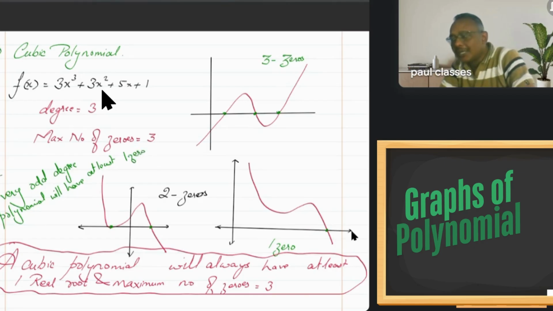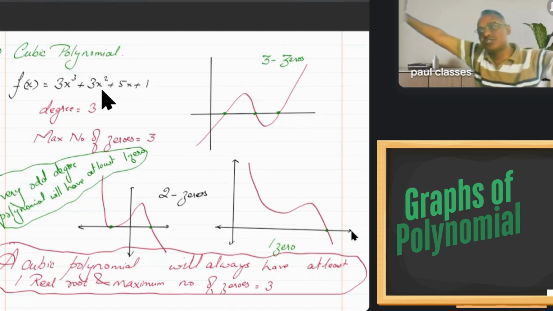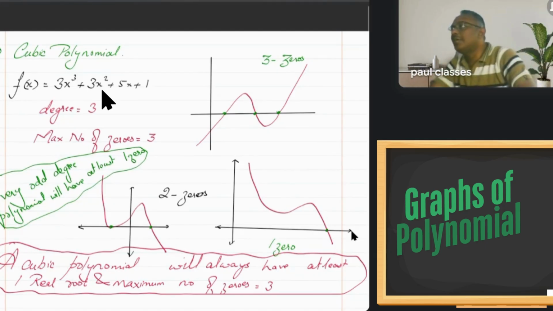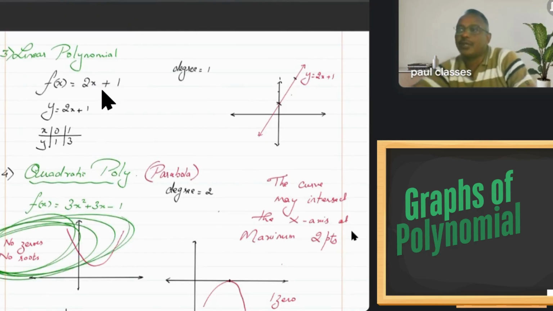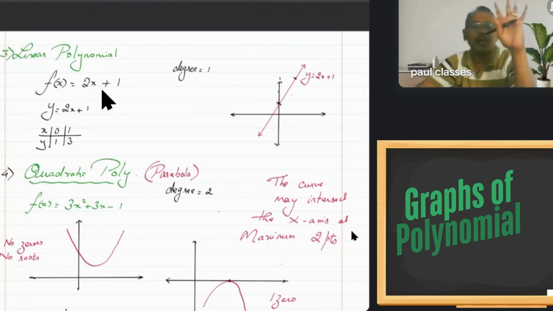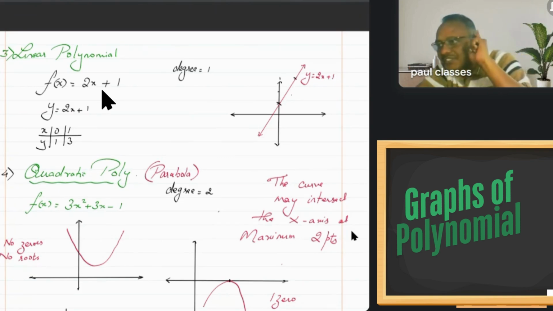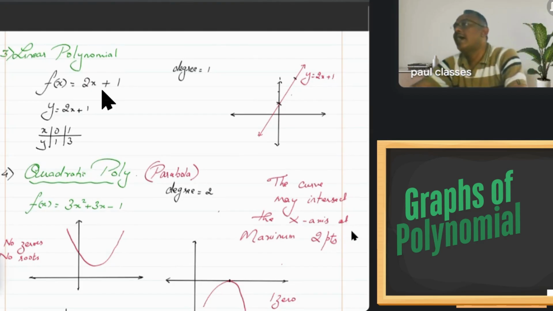At least one zero must be there. An even degree polynomial may have no zeros at all. Like for example, in the quadratic there was a case when there was no zero at all. That is fine. But with degree 1, 3, 5, 7, whichever curve you take, at least one real root has to be there.